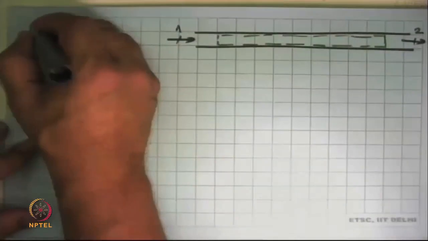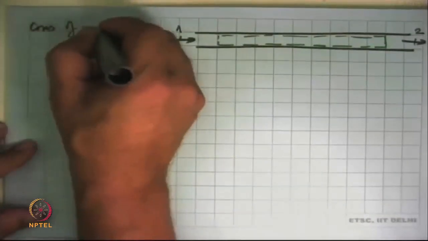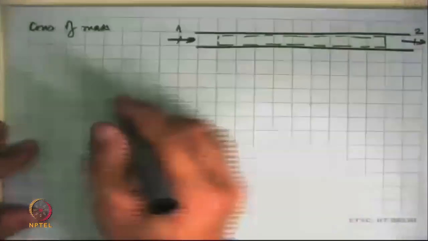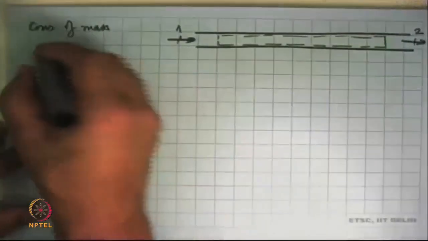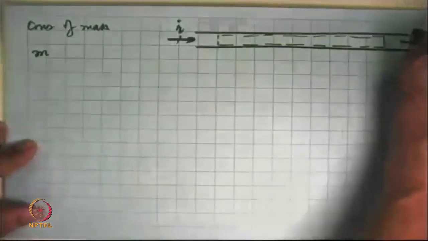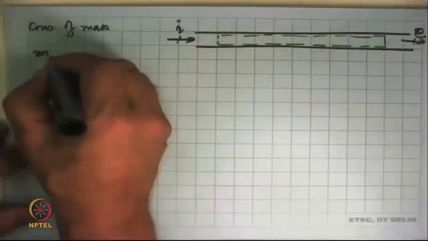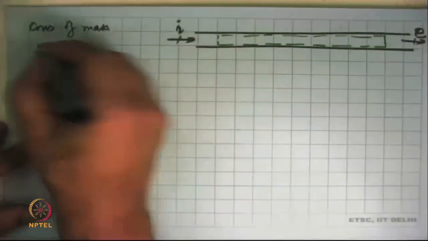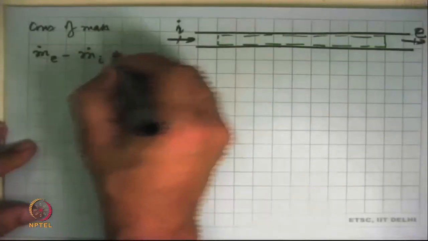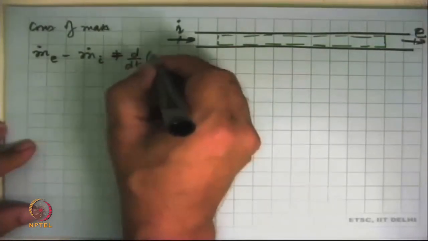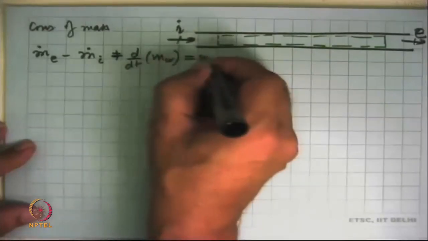Conservation of mass: for this system, there is one inflow, there is one outflow, so I will just keep it as I and E. So this becomes m dot E minus m dot I plus d/dt of m CV equal to 0.